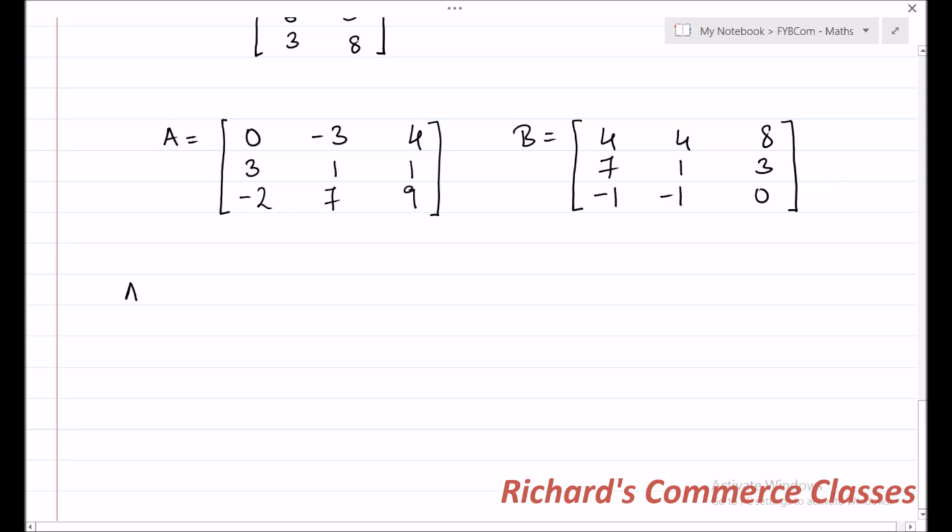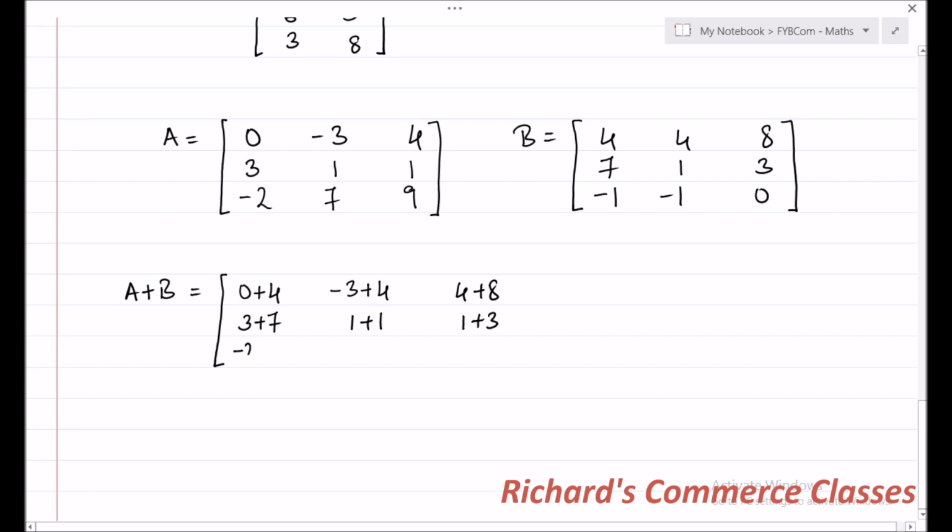So if I have to find out A plus B, that will be equal to, add the corresponding elements. So it will be 0 plus 4. The next one, minus 3 plus 4, and the last 4 plus 8. For the second row, it will be 3 plus 7, 1 plus 1, and 1 plus 3.